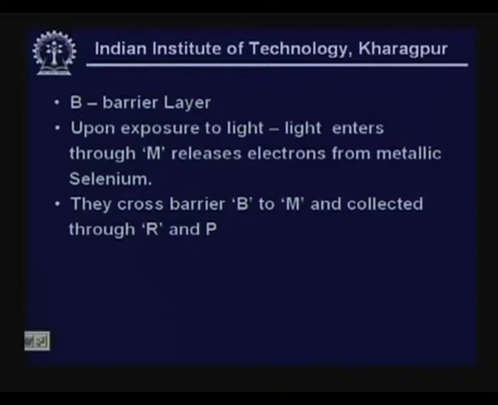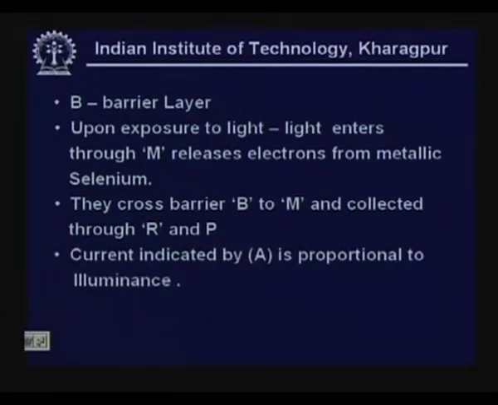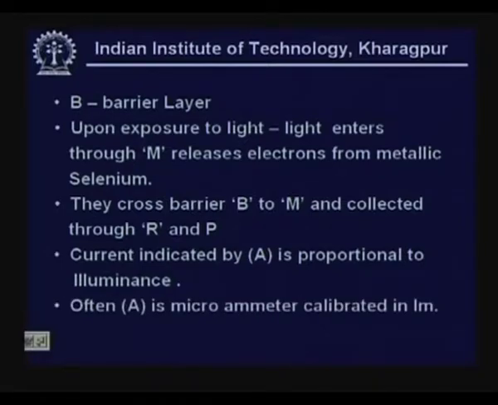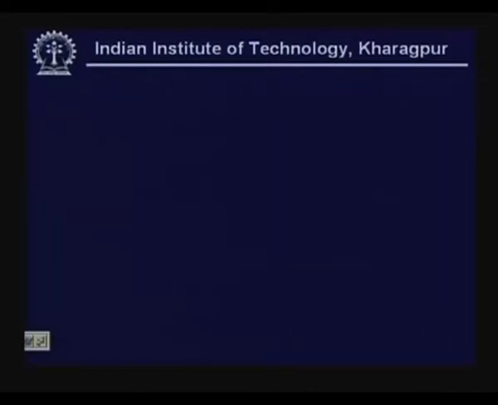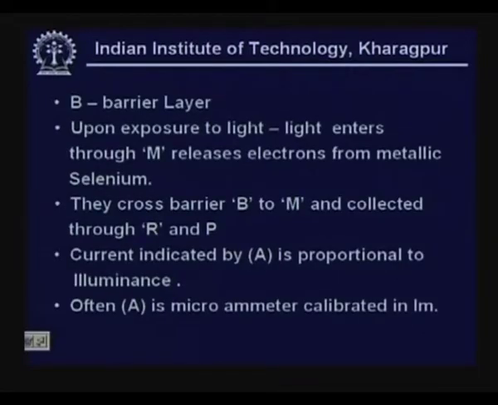They cross the barrier B to M and are collected through R and P. Now, once the current is allowed to flow, this current is indicated in the ammeter, which could be a microammeter, and this gives the reading calibrated in lumens or lux. So, that is the principle behind the photoelectric cell.